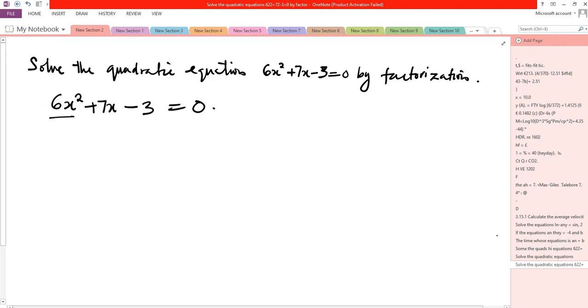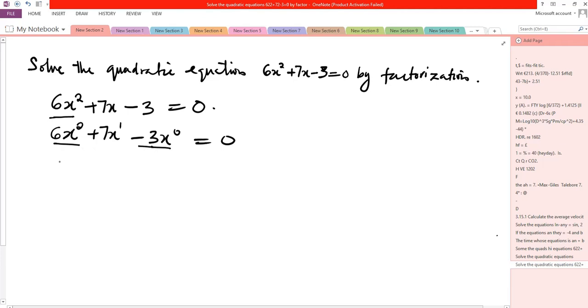So now you multiply the first term. Let me just express this in raised-to powers. All of them will have powers. So this is raised to power 1, this is minus 3x raised to power 0 equal to 0. Now you multiply the term with the highest power and the term with the lowest power, which is 0, together.